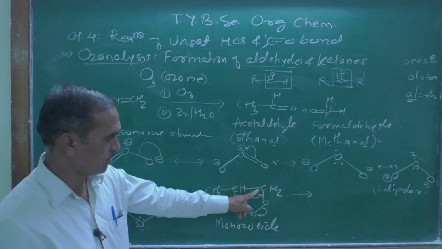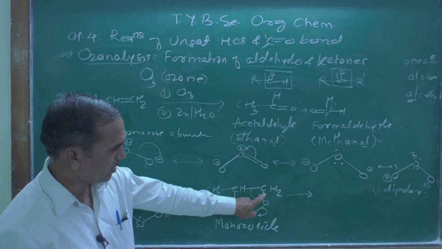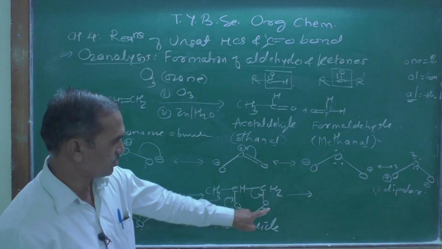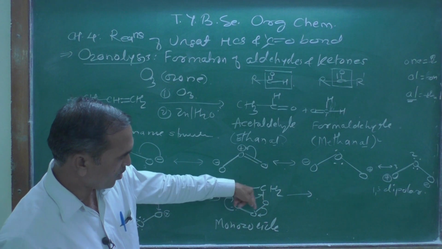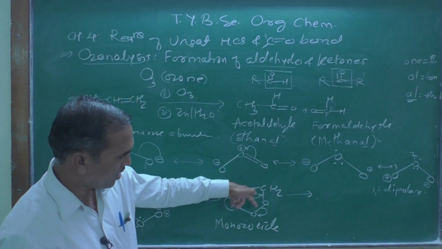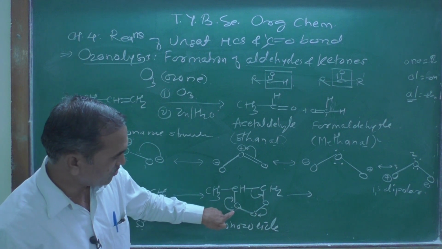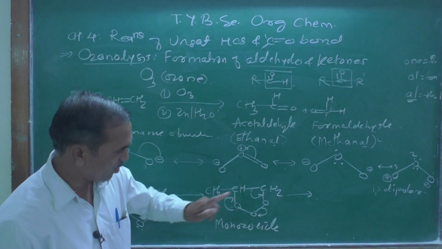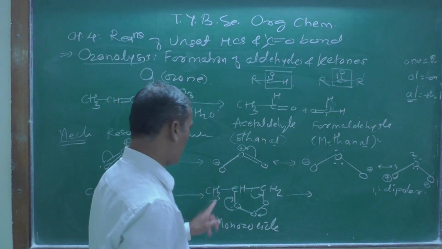I am breaking the bond between this carbon atom and this carbon atom, forming a double bond with this oxygen atom. At the same time, the bond between this oxygen atom and this oxygen atom is breaking. Now the lone pair present on that oxygen atom forms a double bond with that oxygen and the carbon. How do I get it?